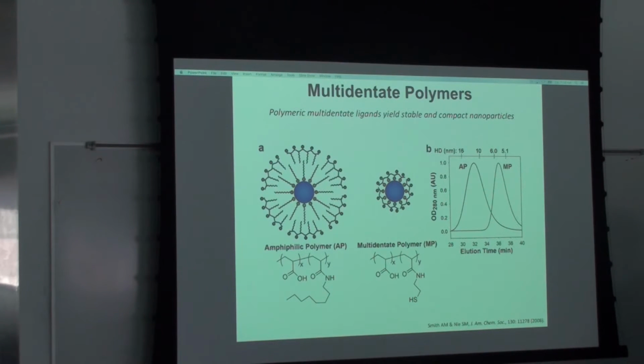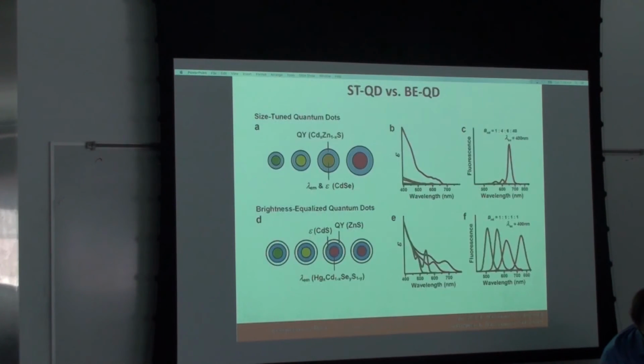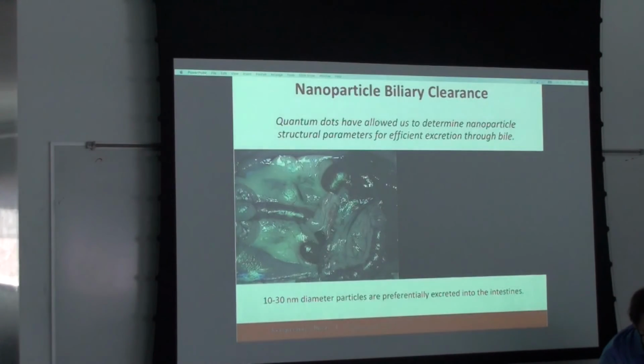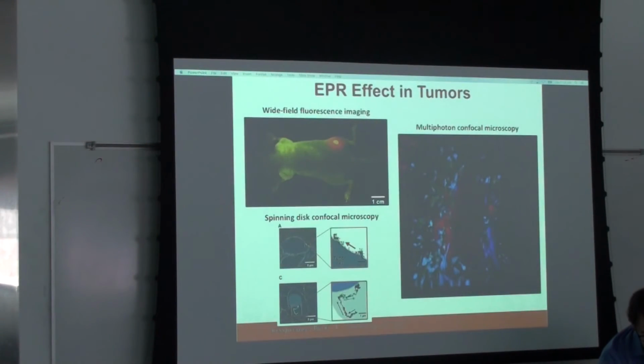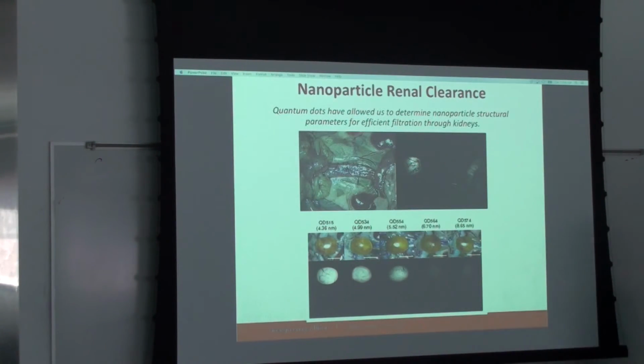And so you don't have to worry about it. You can inject really toxic things in the body as long as you can completely eliminate them, and that's really well known to work. But it's also known that nanoparticles, as long as they're small enough, can get out of the body. And so making them really small is really important.